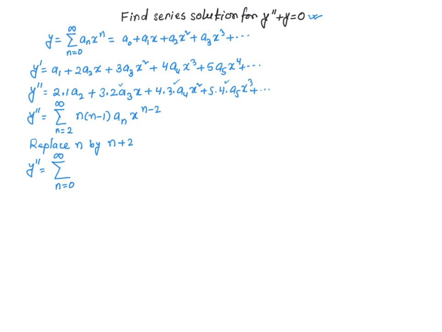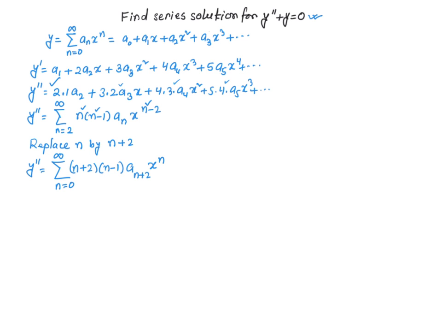Each n is being replaced by n plus 2, remember. So it's going to be n plus 2 times n plus 1, a sub n plus 2, times x to the power n plus 2 minus 2, which is just n. And you can check it by plugging in n equal to 0. You're going to get exactly this series.